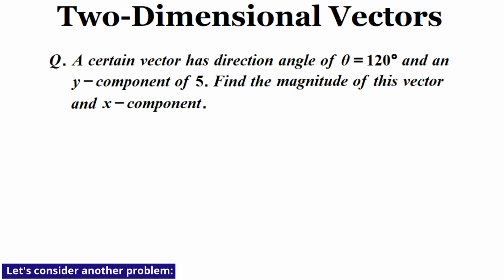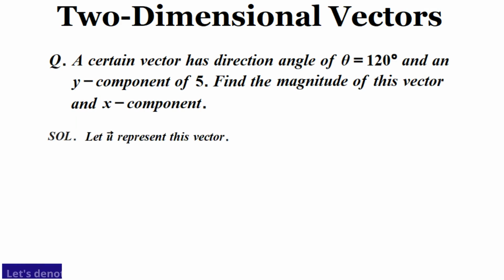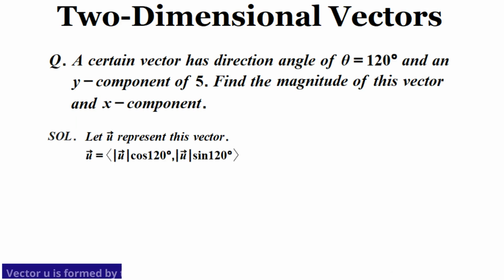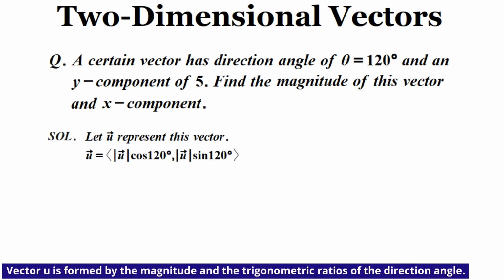Let's consider another problem. Let's denote the vector we want to find as vector u. Vector u is formed by the magnitude and the trigonometric ratios of the direction angle.